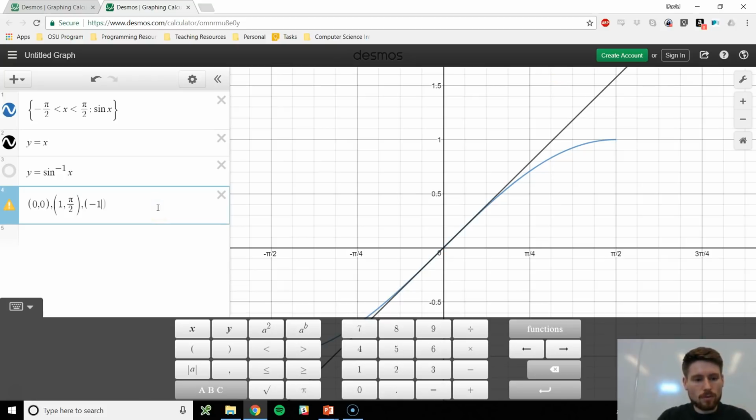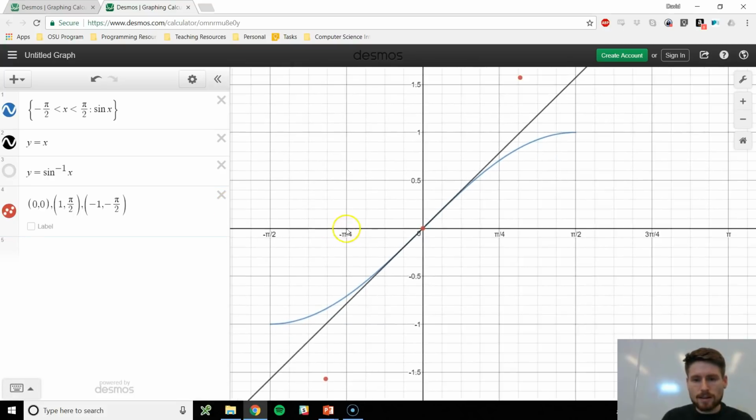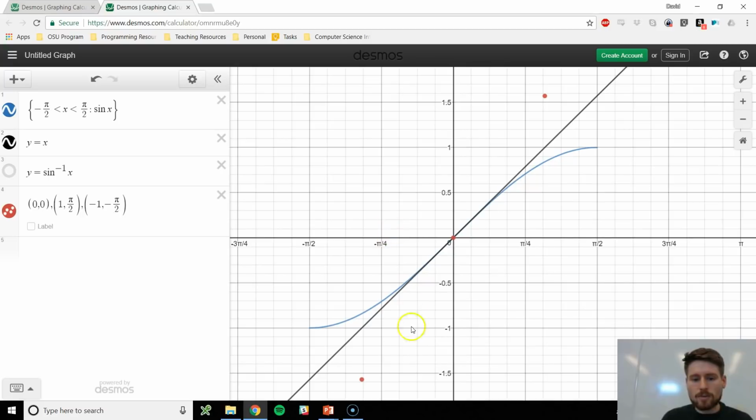Okay, so we can start to see the graph of sine inverse begin to take shape. It's going to look a lot like the graph of sine, but it's going to bend the opposite way. So let's go ahead and graph inverse sine in there. There it is.